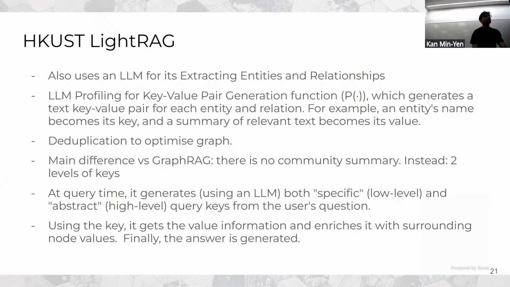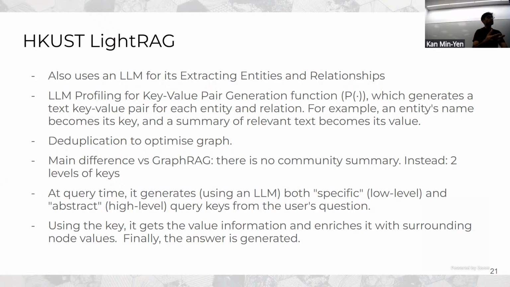The main difference with GraphRAG is that there's no community summary here. Instead, I don't know if it's inspired from Thinking, Fast and Slow or not, but they have this high level and low level kind of query.